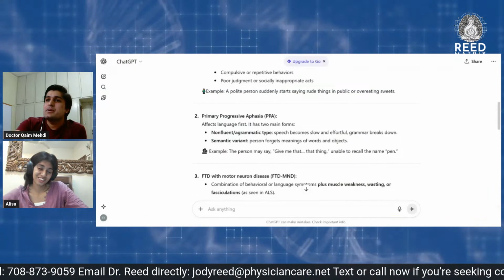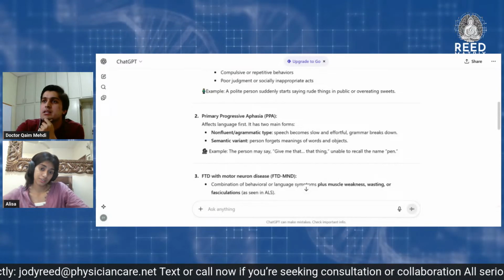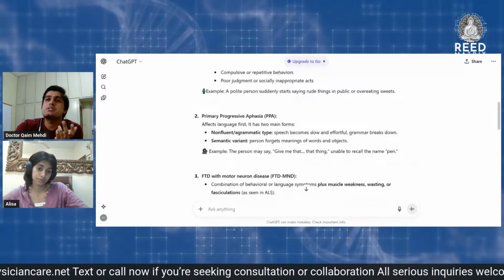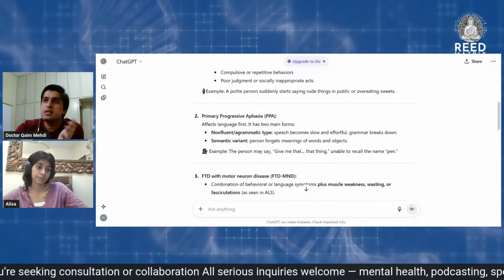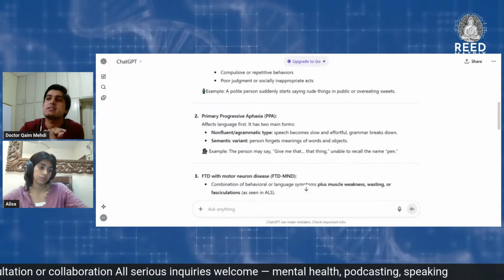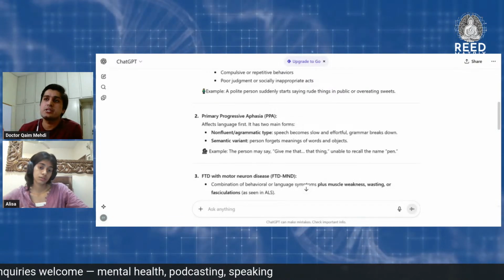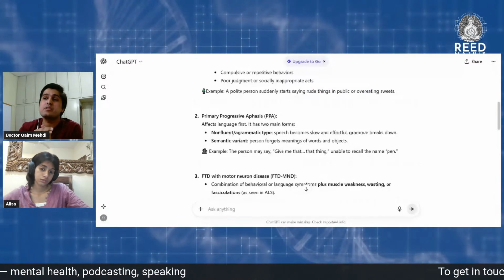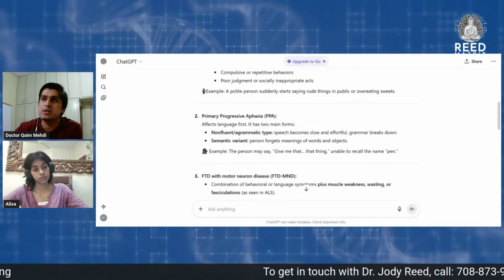So the second type is primary progressive aphasia. It affects language. Language is supervised by the temporal region. So if the temporal region is affected, then language comprehension and language skills are affected. And again, it has two other forms as well.